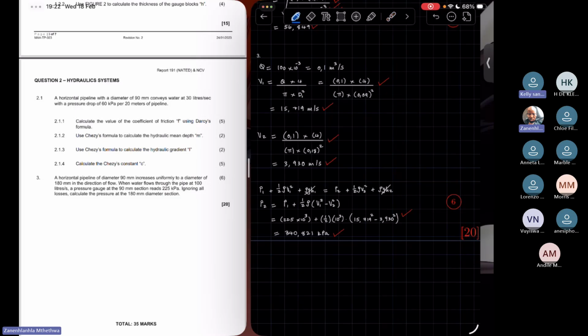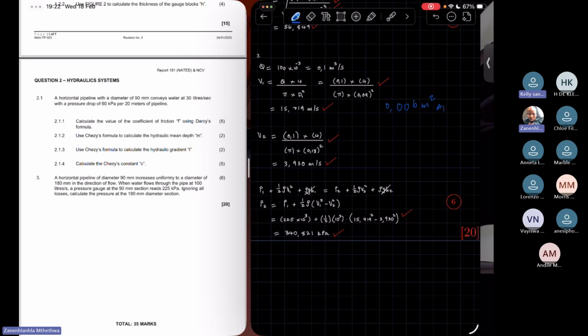Your Q, so I didn't use that one. I used P1, which is given, and your density 9.8, which is also given, and V1, which I calculated to be 15.72, divided by 2G, which is given, equal to P2.